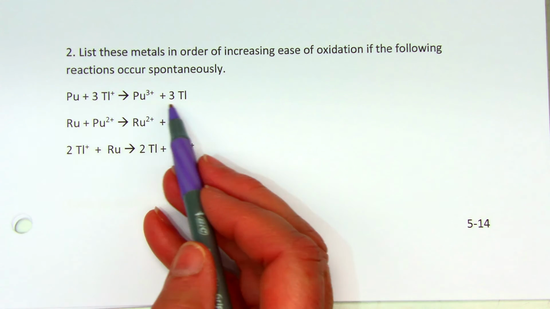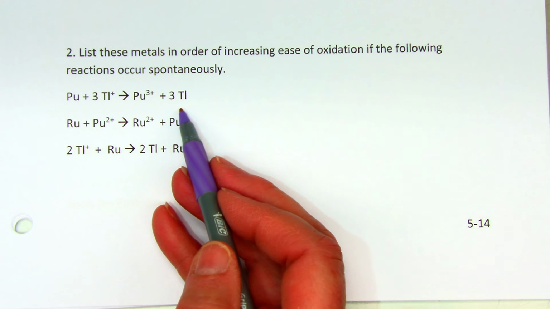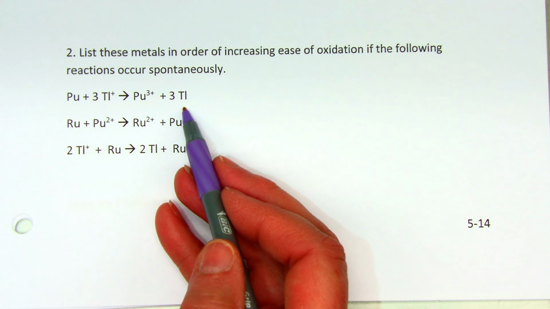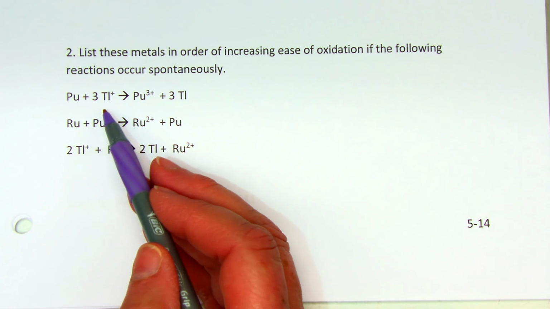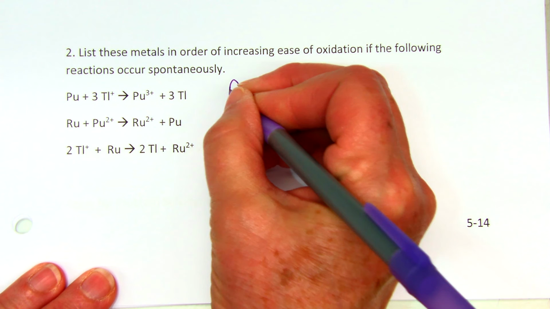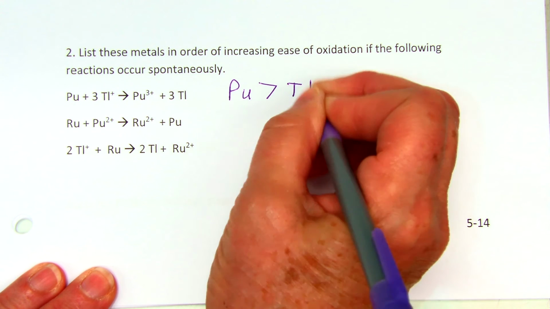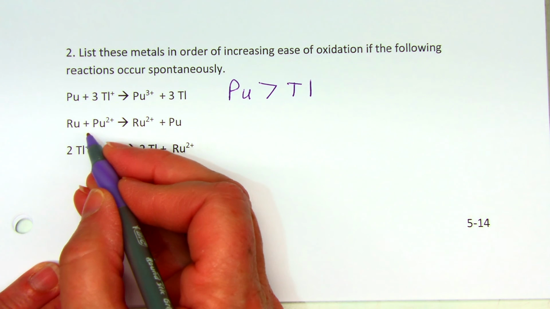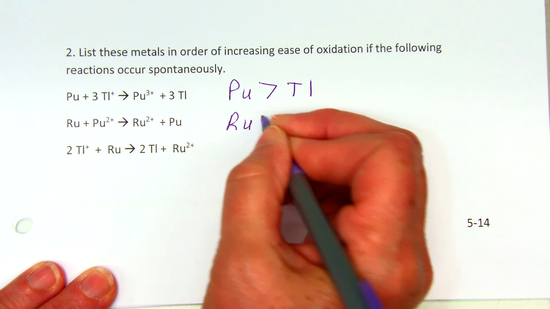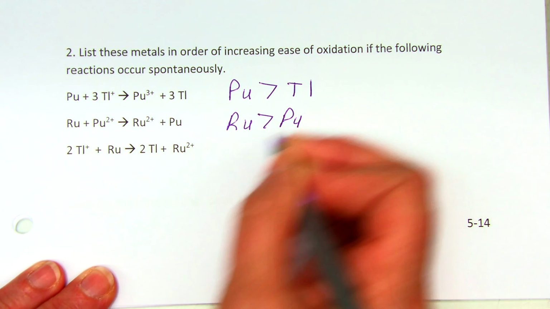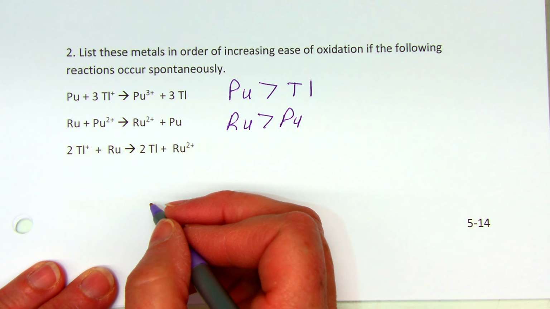So what does this first equation tell us? PU is more active than TL. What does the second equation tell us? RU is more active than PU. And what does the third tell us?